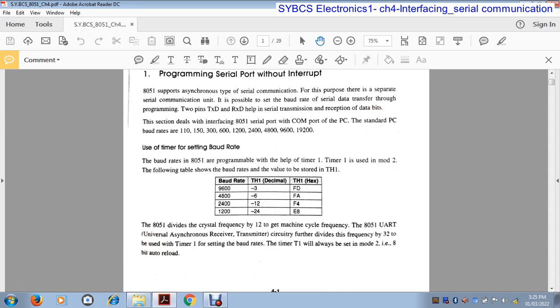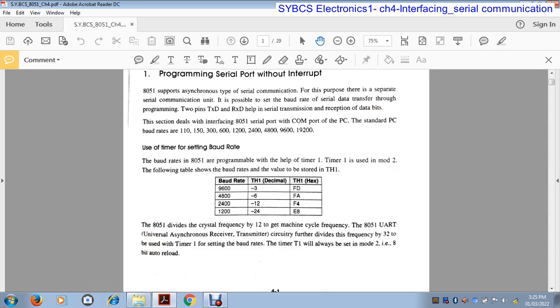So baud rate represents the rate at which information can be transferred from transmitter to receiver. There are two pins, TXD and RXD. TXD stands for transmitter and RXD stands for receiver in serial transmission and reception of data bits.